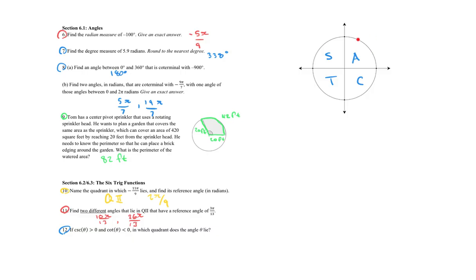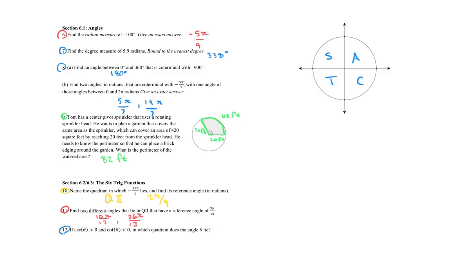So all your trig functions are positive in this quadrant. Only sine and its inverse is positive here. So cosecant is 1 over sine, so that one will be positive here. Only tangent and cotangent are positive here, and then only cosine and secant are going to be positive here.